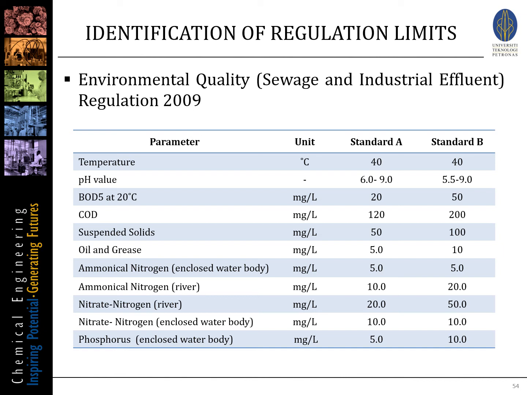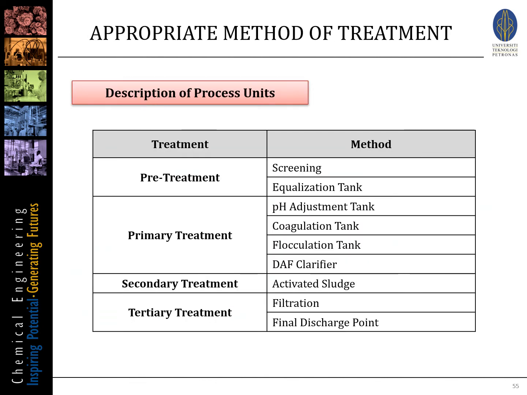The concentration and condition for discharge of industrial effluent or mixed effluent should not exceed the limit according to Standard A or Standard B as shown in the slide. Standard A is for effluent discharged upstream of water supply, whereas Standard B is for effluent discharged downstream of water supply. Now, we will look into the appropriate method of wastewater treatment.